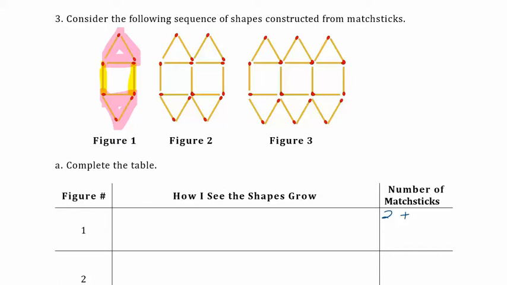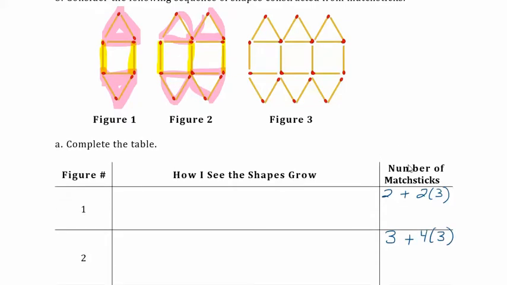So then maybe they say, well, I've got 2 triangles, and each of those triangles has 3 matchsticks. And then they do the same thing with the next figure. Now I've got 3 of these vertical matchsticks, and then I'm going to count the number of triangles. I have 1, 2, 3, 4 triangles, and each of those triangles has 3 matchsticks.